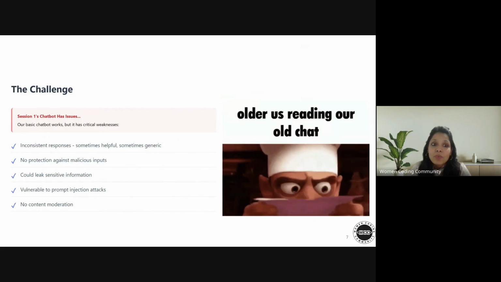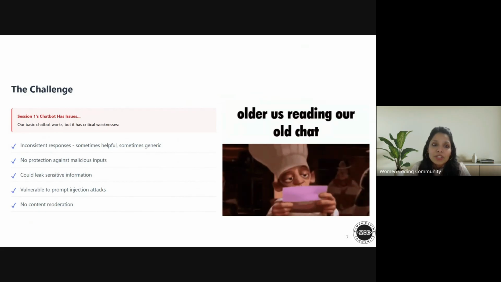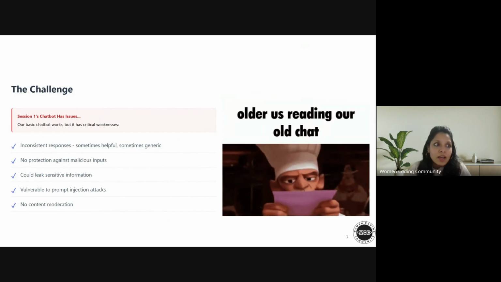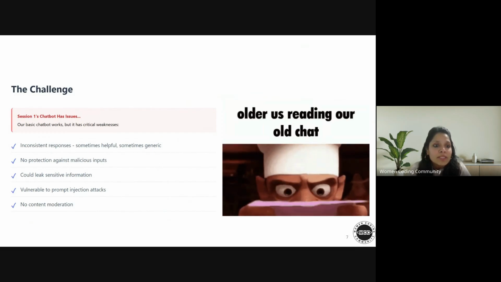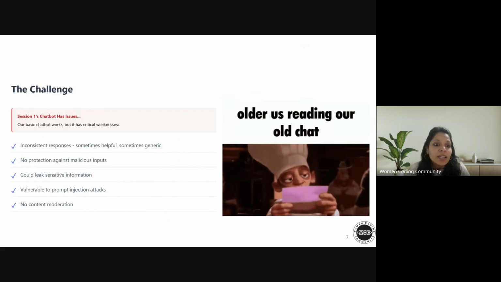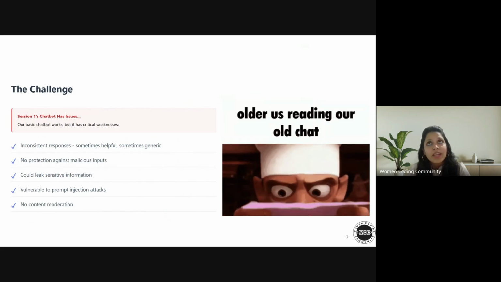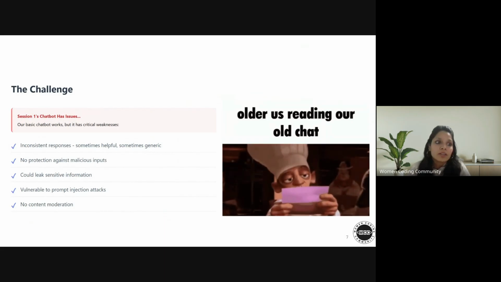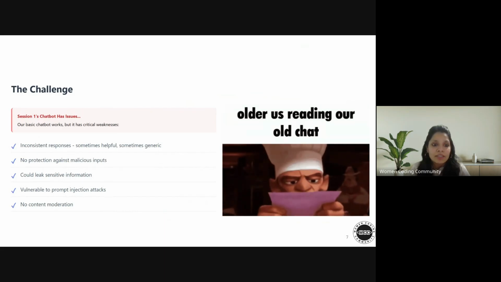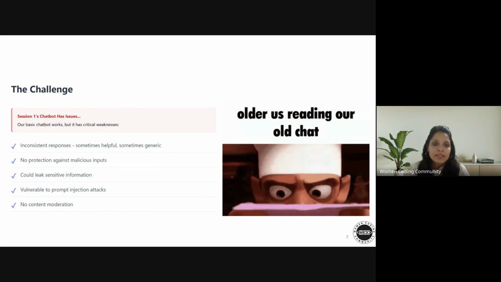So let's see what we did. In the last session, you built a chatbot. The chatbot basically works fine, but it has some critical weaknesses. If you played with your chatbot a lot, you could have identified that the responses were kind of inconsistent.